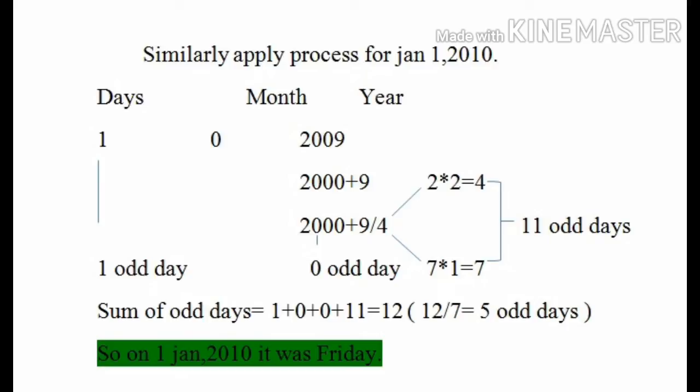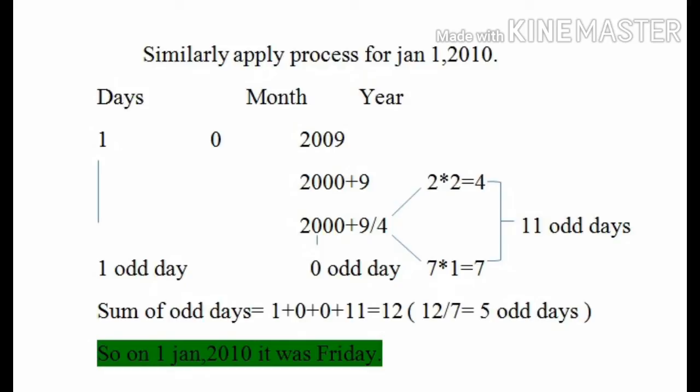Similarly, we divide 2009 in two parts, 2000 plus 9, where 2000 gives 0 odd days and 9 is divided by 4 just to check how many leap years there are. Here we got 2 leap years and 7 non-leap years. 2 leap years are multiplied by 2 and we get 4 odd days, and non-leap years are multiplied by 1 and we get 7 odd days.